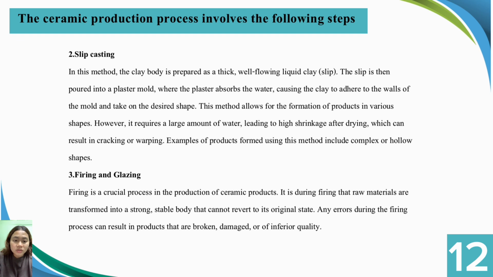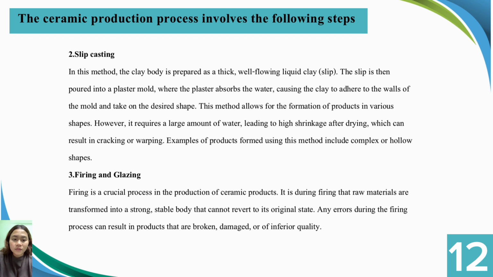This method allows for the formation of products in various shapes. However, it requires a large amount of water, leading to high shrinkage after drying, which can result in cracking or warping. Examples of products from using this method include complex or hollow shapes.